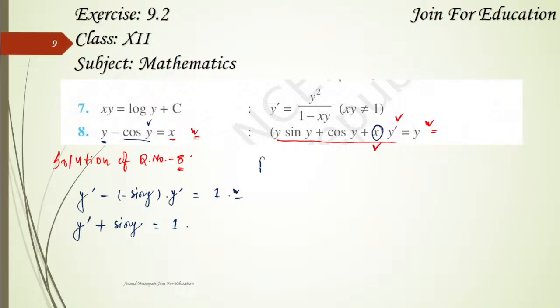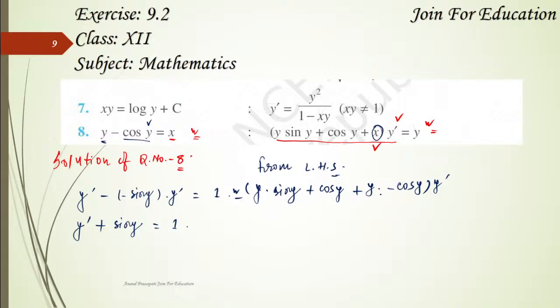From LHS this one will be y into sin y plus cos y and the value of x here will be plus y minus cos y into y dash, or derivative of y.